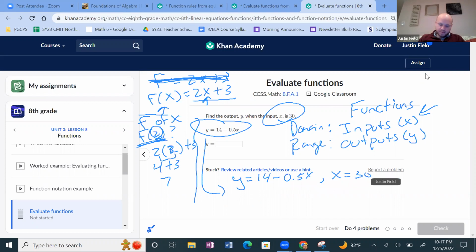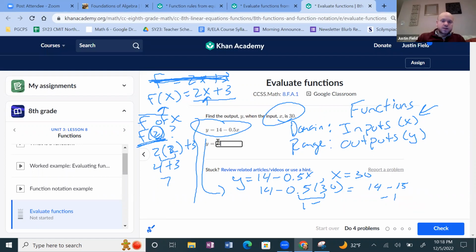That means I'm going to substitute in 30 and then do my order of operations. 0.5 times 30 is 15. And 14 minus 15 is -1. Shall we try -1? Ta-da! We got it.